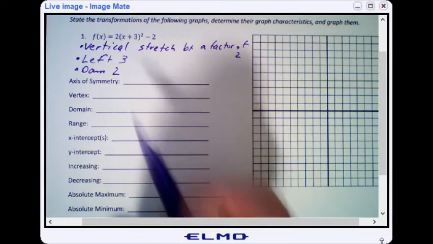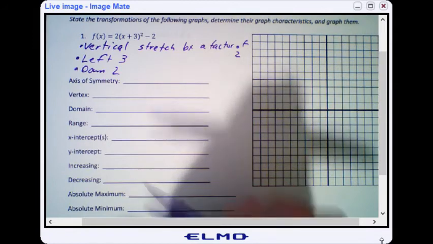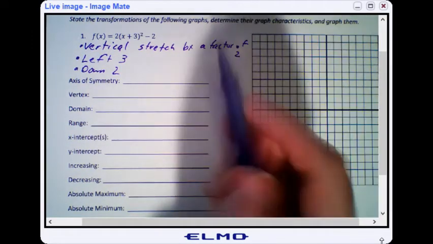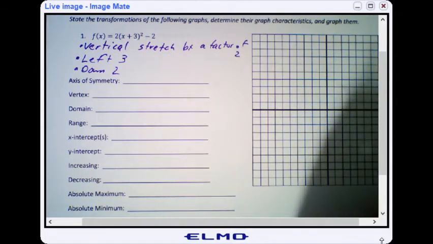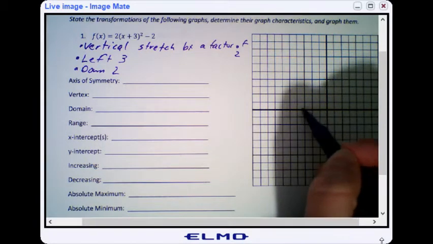We can get some of the information to fill in here from the equation itself, but I always like to look at the graph first. When I look at my graph, I can use my transformations to help me graph. So I know most of the time I go through 0, 0. However, I'm going to move left 3 and down 2.